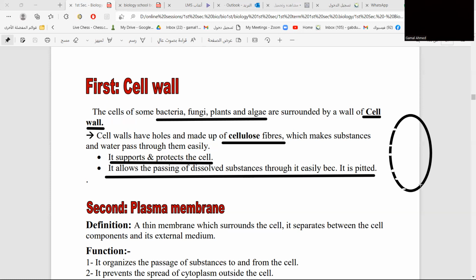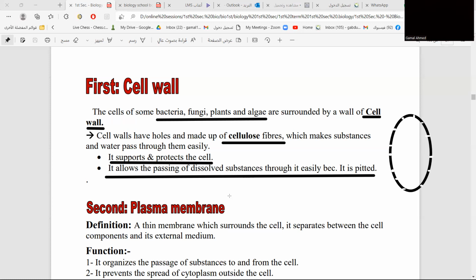Water can pass through it easily, and other substances can pass through it easily. Okay, this is the cell wall.